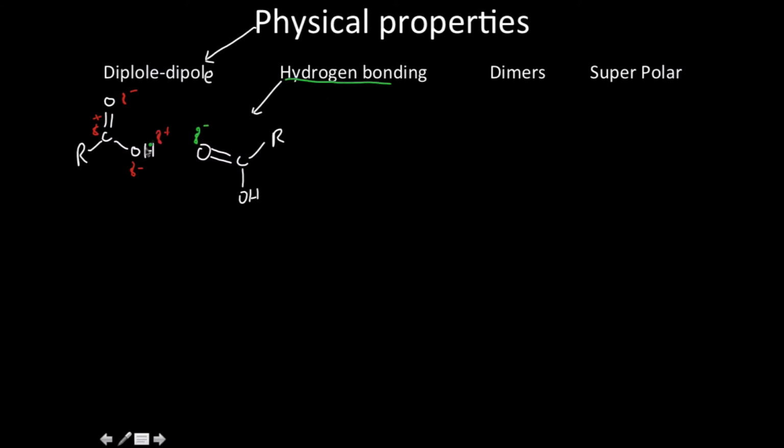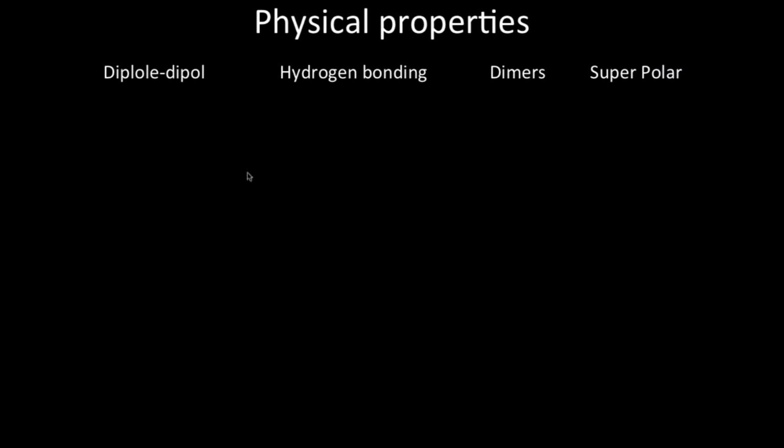That's a partially negative and a partially positive molecule there. You can totally have hydrogen bonding taking place. Hydrogen bonding contributes to the formation of dimers, and in terms of biological molecules, that's really important. They are super polar, which means these net dipole interactions are much stronger than usual. Now I'm going to talk about solubilities.